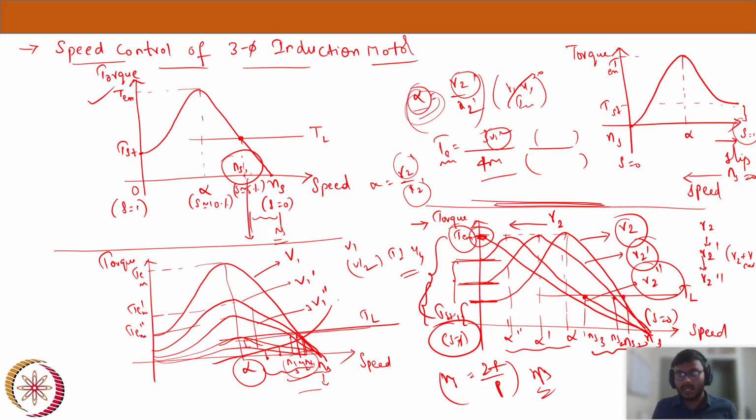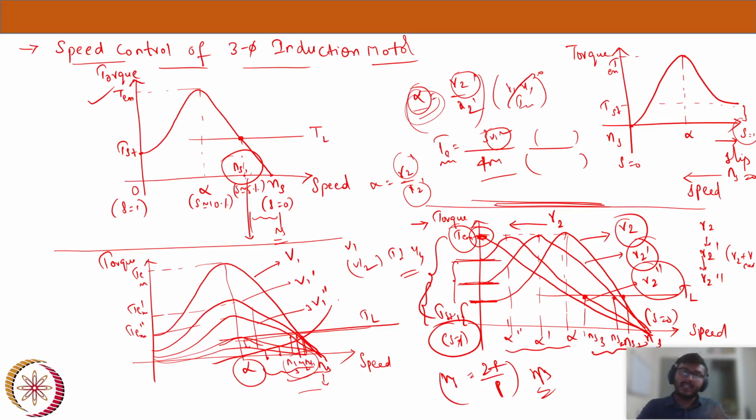We discussed starting last week and speed control today. We discussed what exactly speed control is, and how it was achieved with earlier methods, and the disadvantages of resistance control and voltage control.